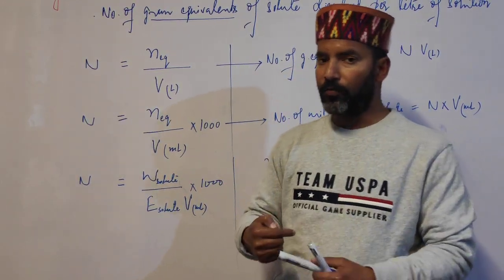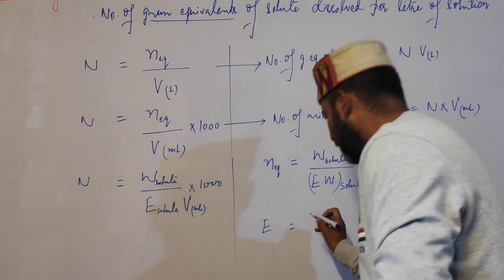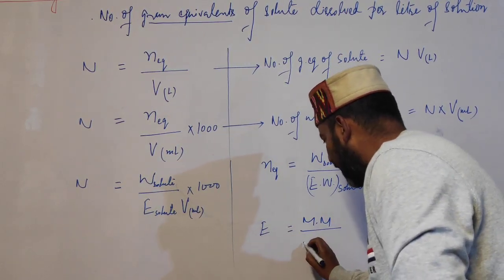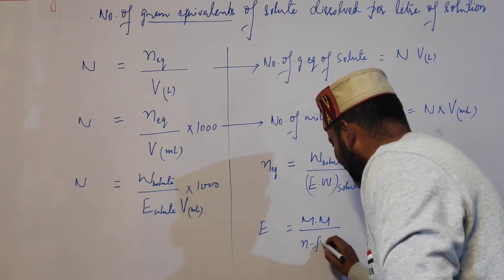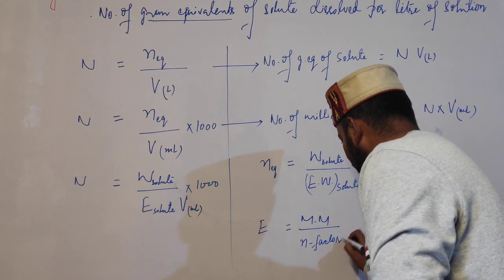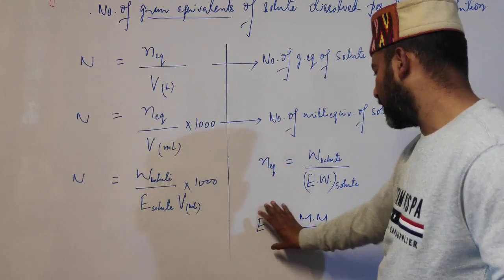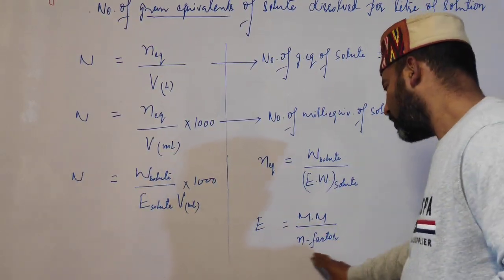And how do we find equivalent weight? It is always the molar mass of the compound divided by its valency factor, which is called the N factor. So equivalent weight is molecular mass upon valency factor.